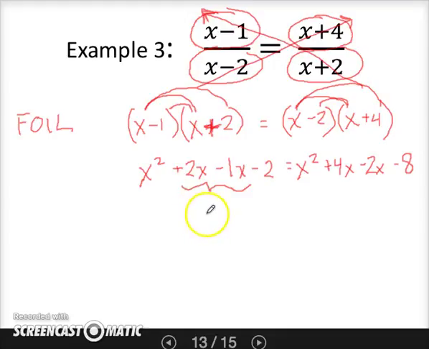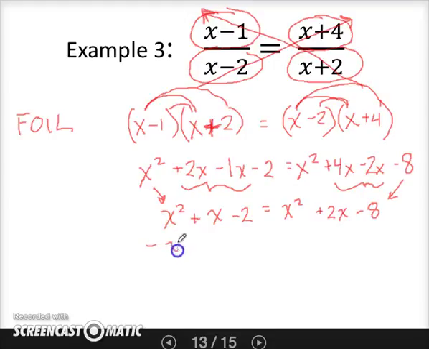So 2 minus 1, that just leaves us with 1x. So I have x squared from here plus x minus 2 equals, I still have x squared on this side, plus 4 and minus 2 gives us plus 2x. And then from here I have minus 8.